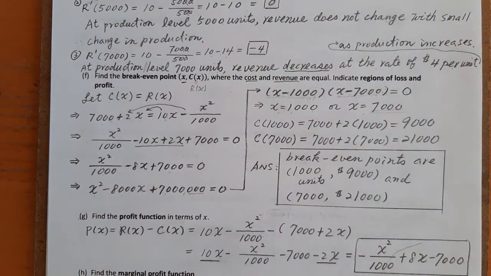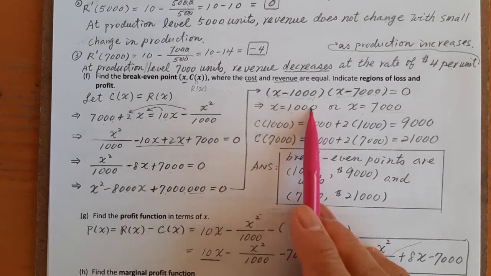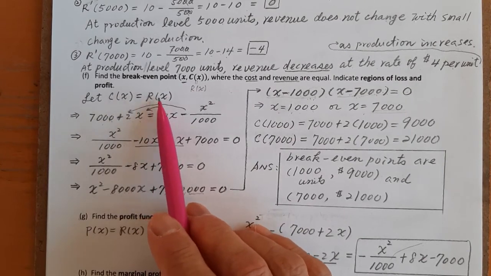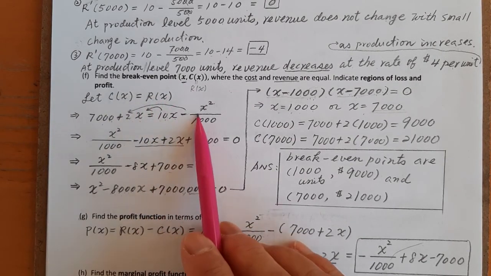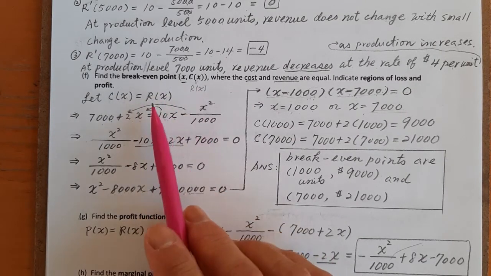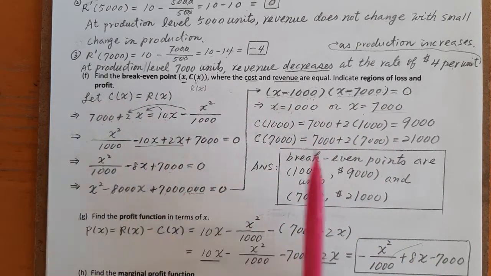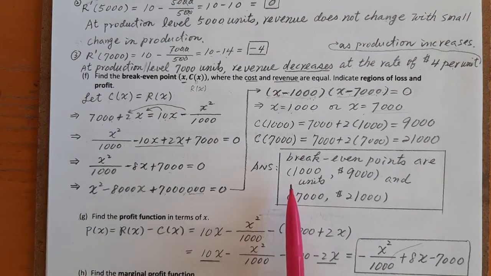So there are two break-even points. One is when x is 1,000. Then you can plug into the cost function, or you can plug into the revenue function, because at these two points the cost and the revenue are equal, so it doesn't matter which one.